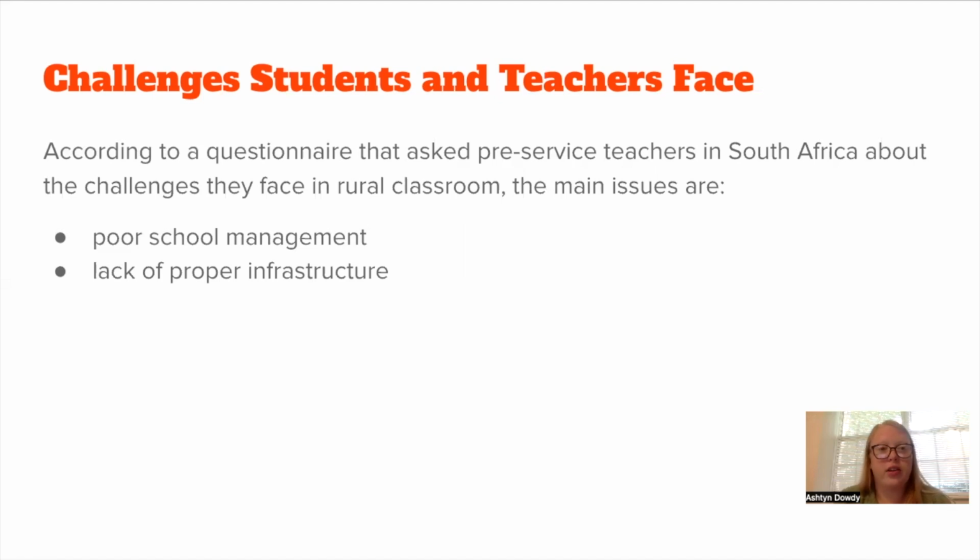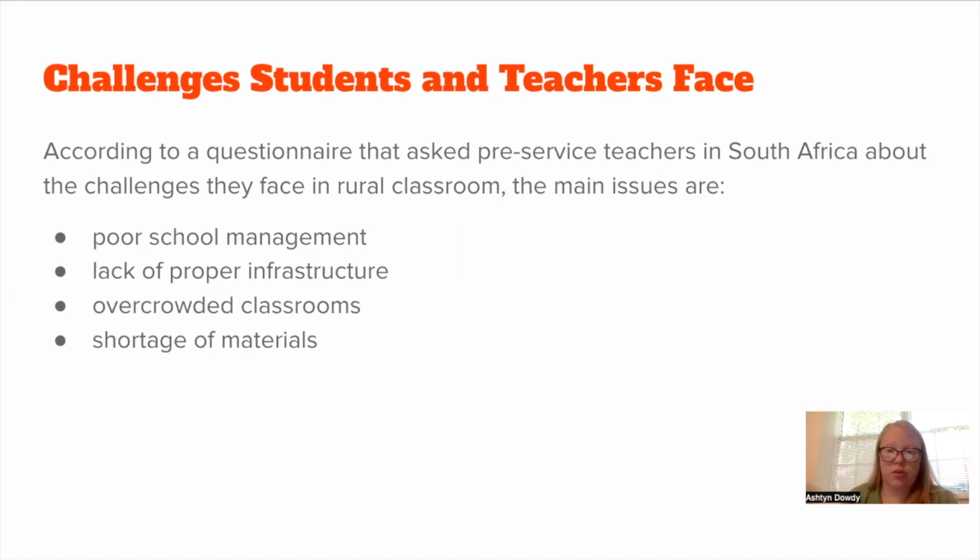There may not be technology available. Just in the community in general, where they are living, which presents a whole other slew of issues. Overcrowded classrooms, that's a big one. When you have one teacher and 40 kids, that's a pretty prevalent issue in these low income classrooms. And shortage of materials. That one's pretty self-explanatory, and again, a pretty frequent issue.